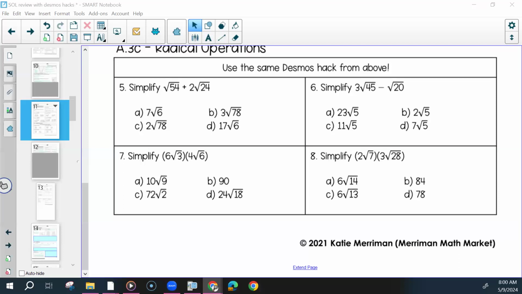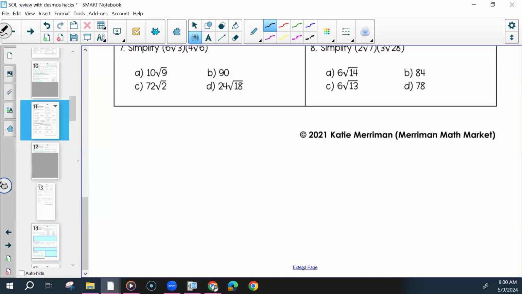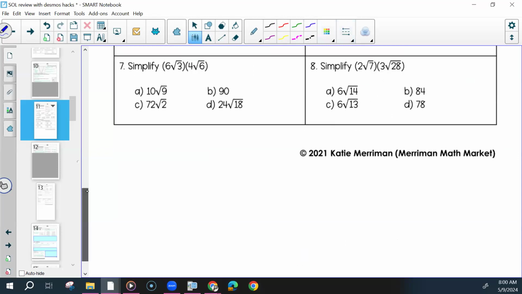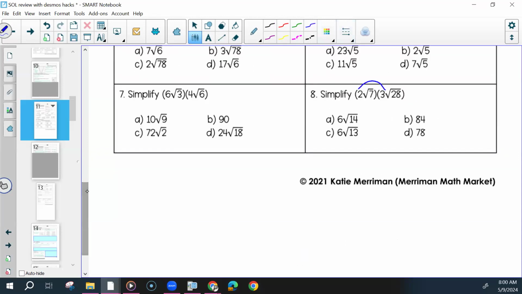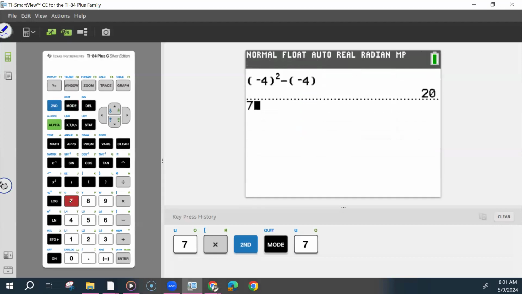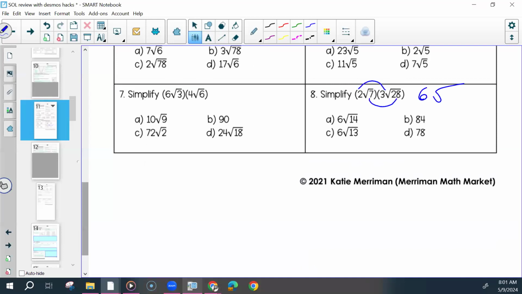And remember that you can do all of these algebraically, but while you have Desmos, double check. So algebraically for number 8, you would multiply 2 and 3 together and 7 and 28 together. 196 happens to be a perfect square.